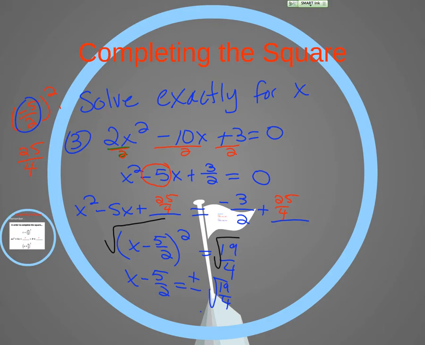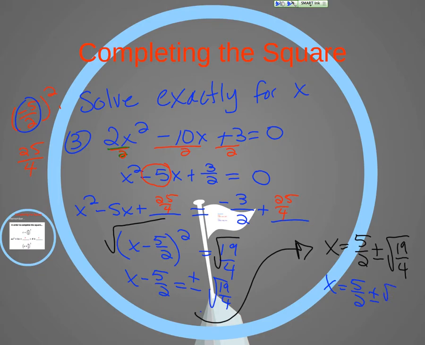So I'm going to have to come up here. So x equals 5 over 2 plus or minus the square root of 19/4. Well, technically, what's the square root of 4? 2. So x equals 5 over 2 plus or minus the square root of 19 over 2. Yes, you could combine those into one fraction if you want to. They have the same denominator.